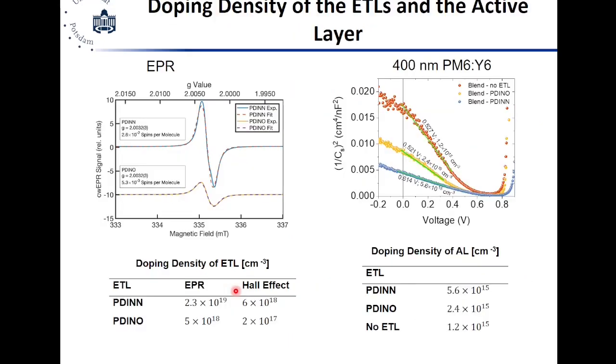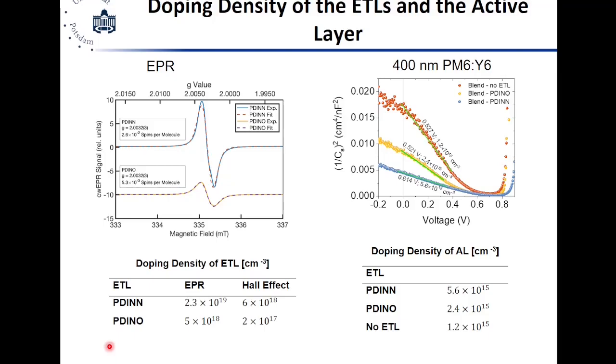First, we investigated the doping strengths of these ETLs by combining two different methods. First, electron paramagnetic resonance spectroscopy is a method that's sensitive to unpaired electrons, and PDNN has a significantly higher density of unpaired electrons compared to PDNO. But we were wondering how many of these unpaired electrons are actually mobile in the ETLs.